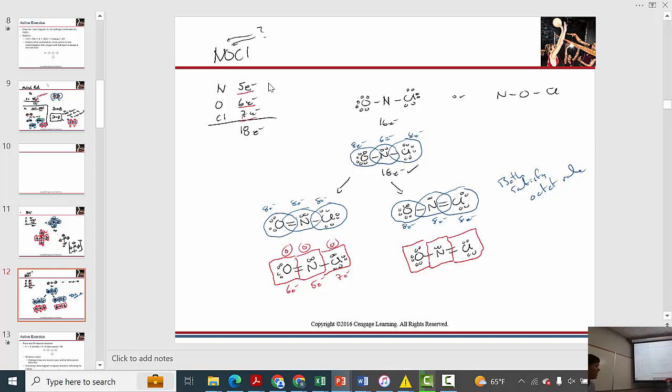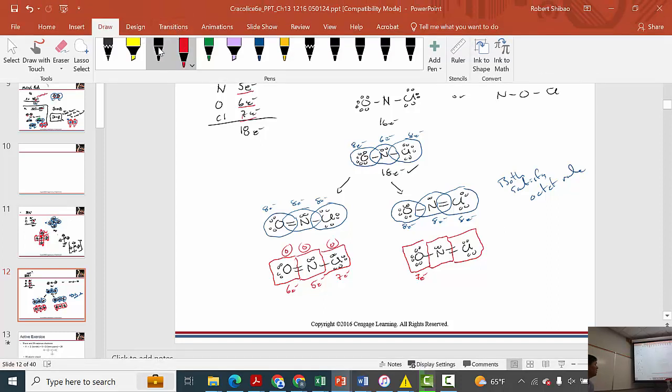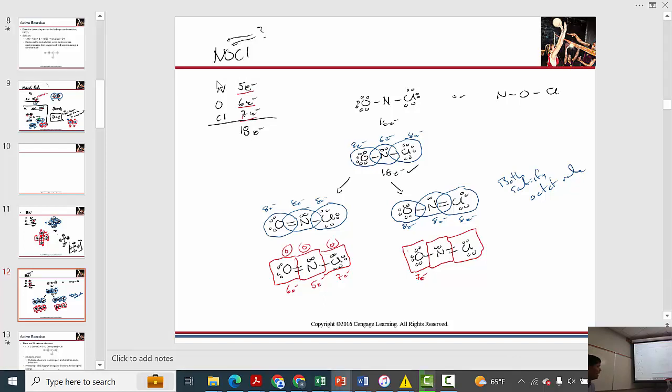This oxygen has how many? 7 electrons. So it's a minus. It got 7 electrons, but it only contributed 6, so it has an extra electron. An extra electron is an extra negative charge. And so the formal charge on this oxygen is going to be -1. But we don't write the 1, we just write a little negative sign in a circle.